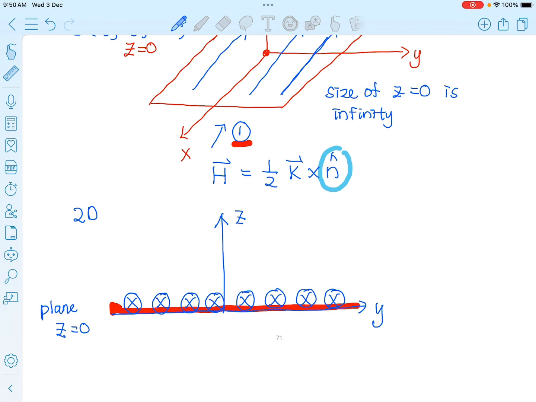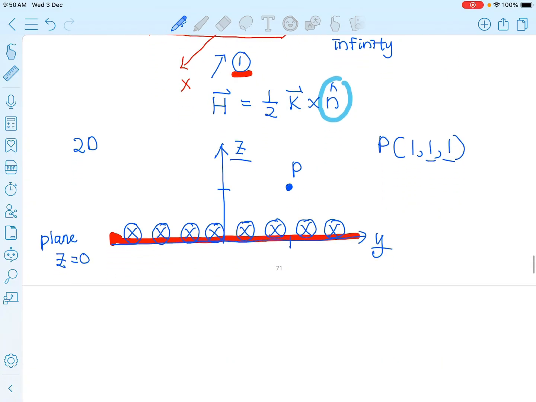Since you are drawing a 2D diagram that has only the z-axis and y-axis, for (1, 1, 1) you only need to look at its y and z positions. One might be here, one might be here. This is the position of (1, 1, 1) where you need to find the magnetic field.